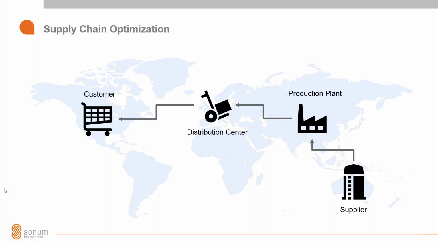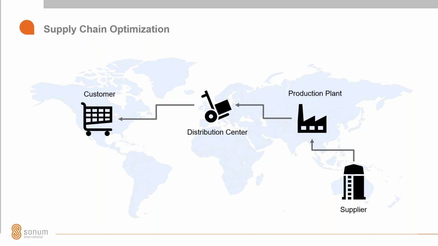Their demand is the one that's driving everything afterwards. They have their demand in SKUs. It's going to be distributed through distribution centers. Then the distribution centers are going to source those products from the production plants, and production plants are going to be supplied by suppliers.